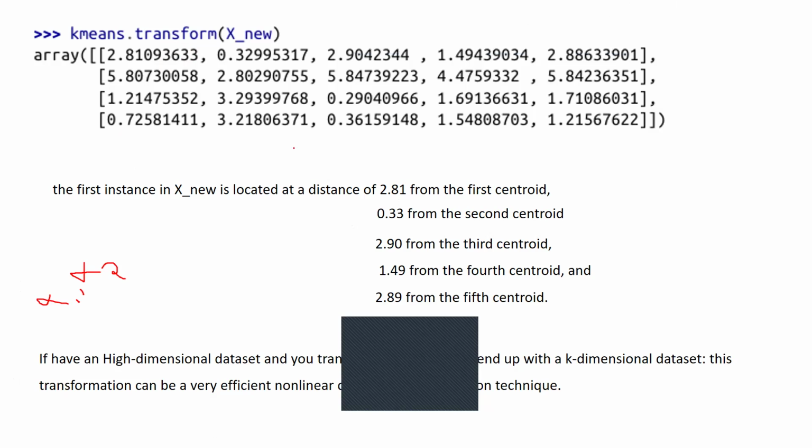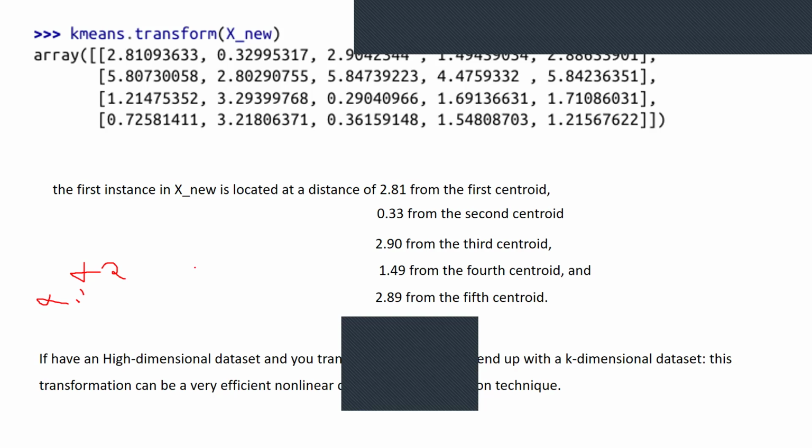What happens when we perform it this way? If the original data has high dimensionality, a method of dimensionality reduction will be performed here.